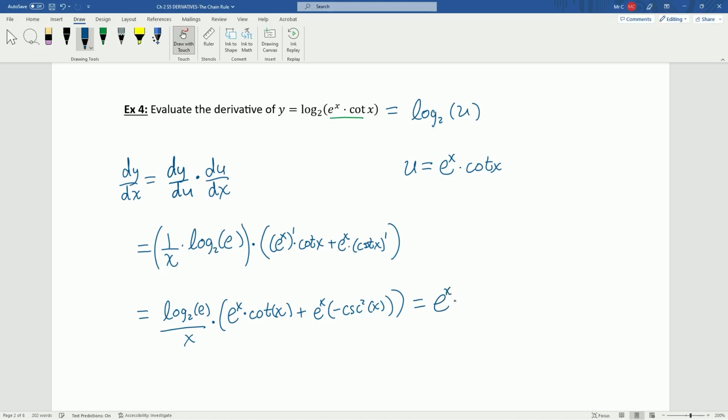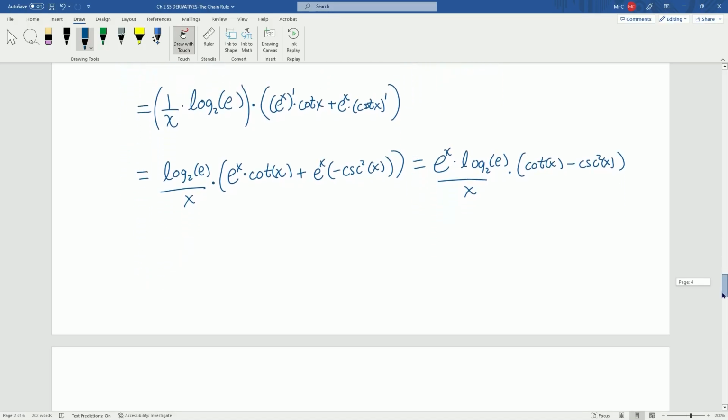So this is e to the x times log base 2 of e over x times cotangent of x minus cosecant squared of x. Okay, so that's it for that example. Let's move on.